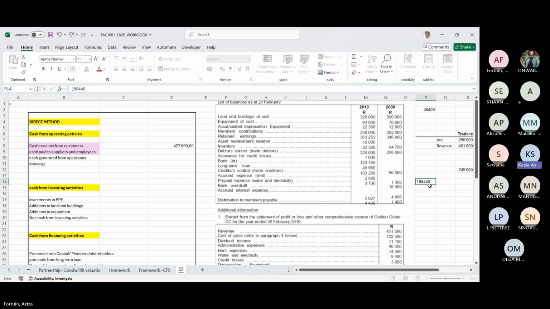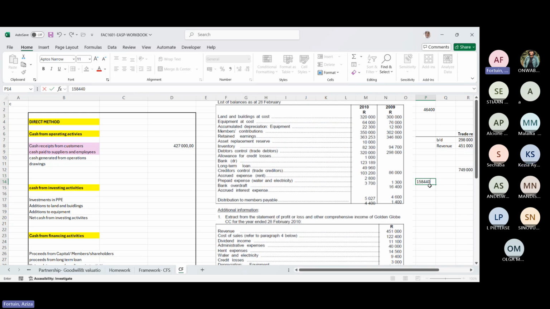They said refer to paragraph 4 by cost of sales. I'm not sure what. Yeah, that's fine. We will just have to work through it and see if I got it right or where I got it wrong.